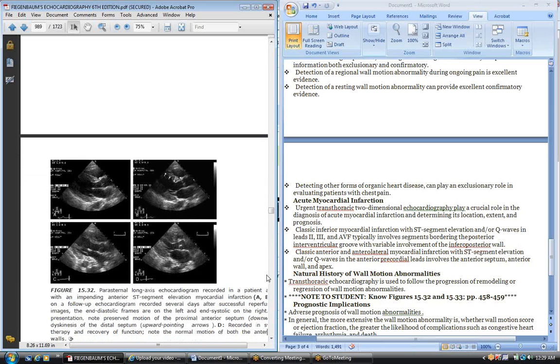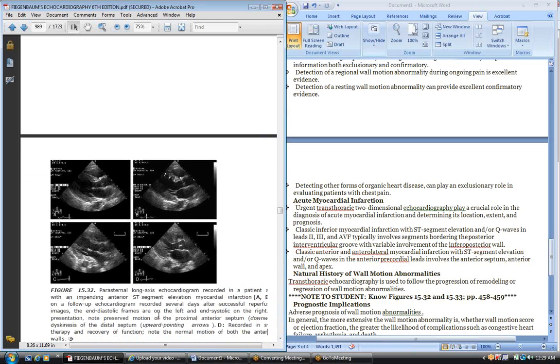So this is a patient with an anterior impending ST segment elevation MI. It's a follow-up echo recorded several days after successfully reperfusing.